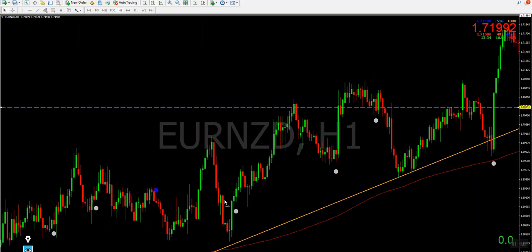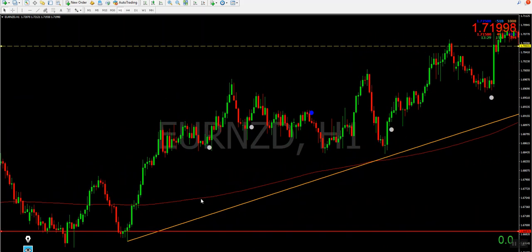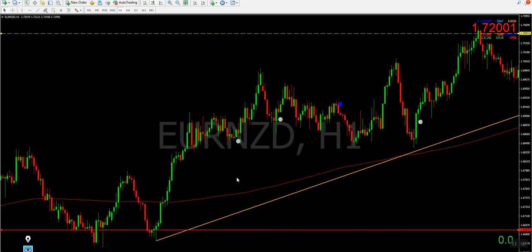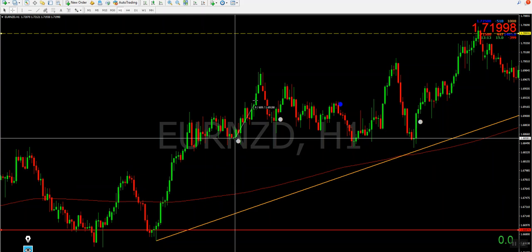Something else to note, guys, when taking trades, focus on alerts or trades where the price is still close to the EMA. I mean, okay, fine, it's a bit far there, but nevertheless, it still gave us the number of pips that anybody would desire.